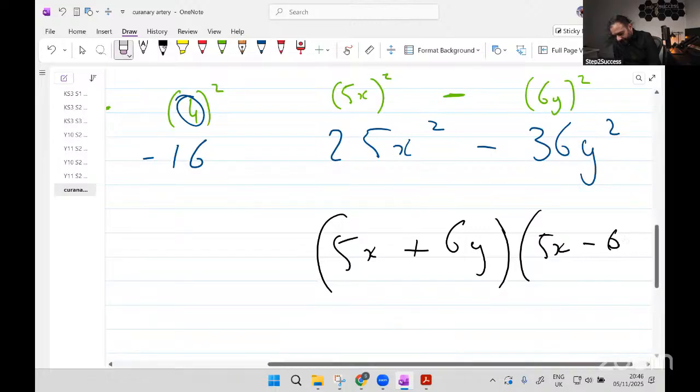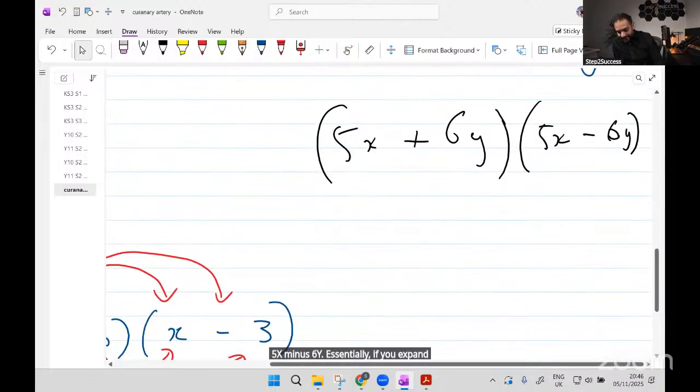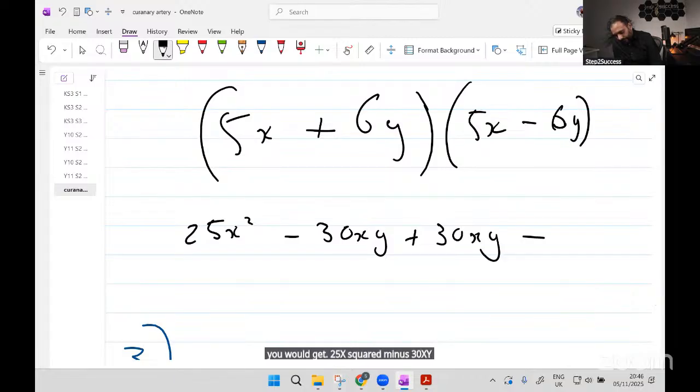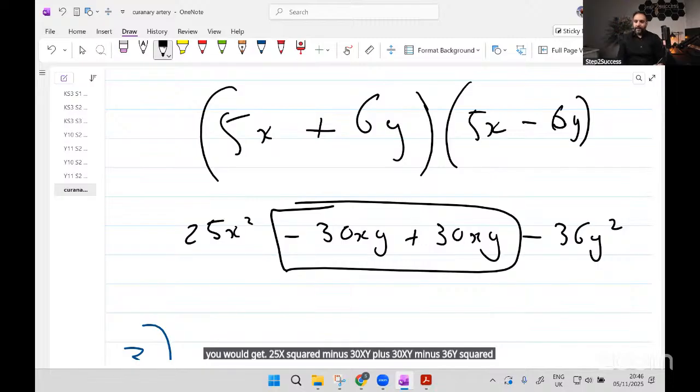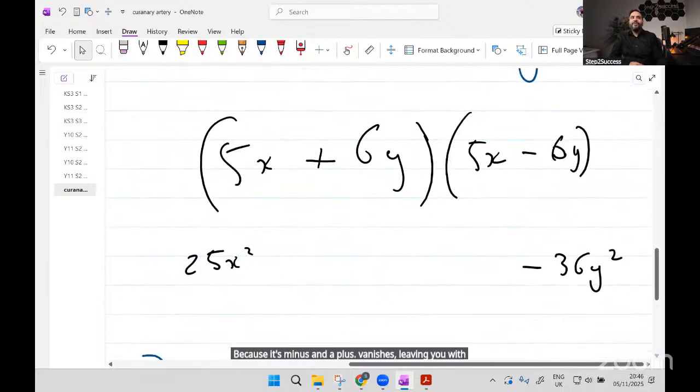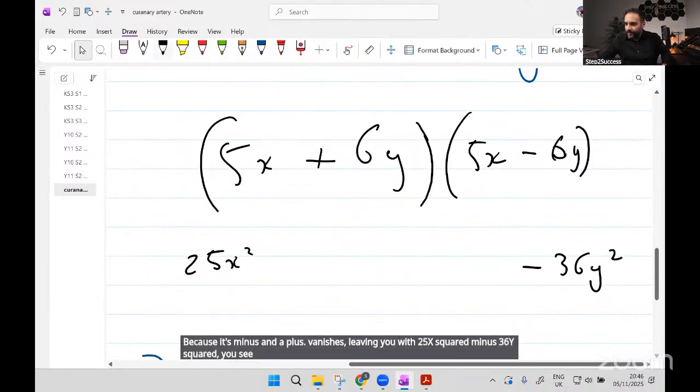Essentially, if you expanded this out, you would get 25x squared minus 30xy plus 30xy minus 36y squared. And this bit in the middle, because it's minus and a plus, vanishes, leaving you with 25x squared minus 36y squared. You see what I mean? So that's a good example of that.